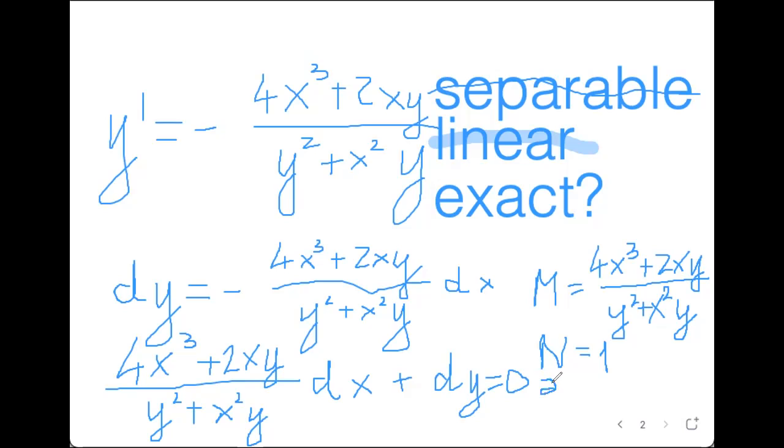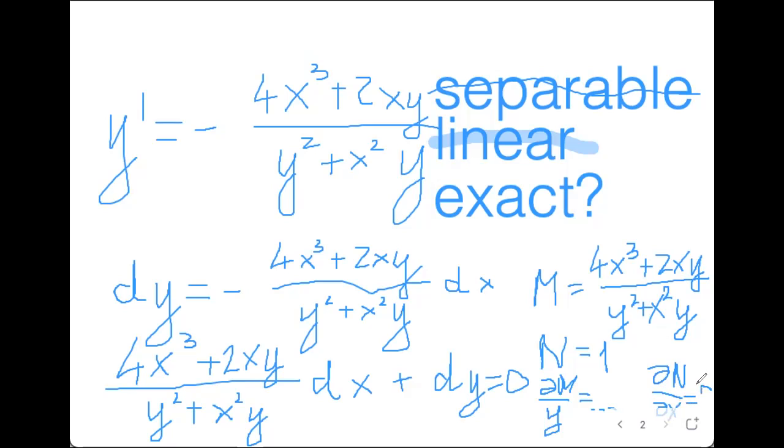So partial m over partial y is equal to whatever, and partial n over partial x is 0.